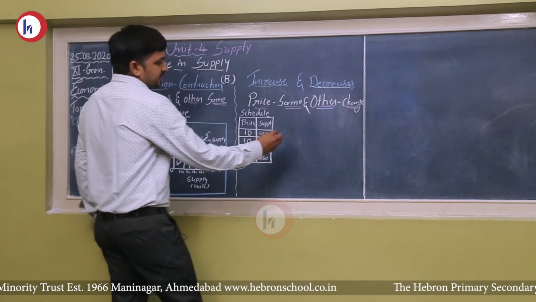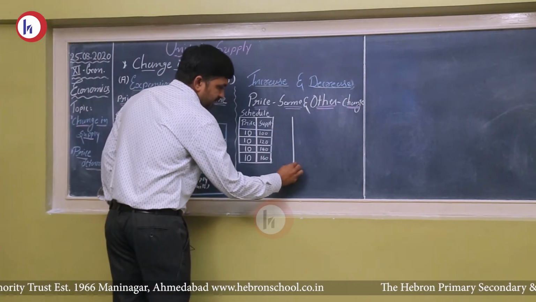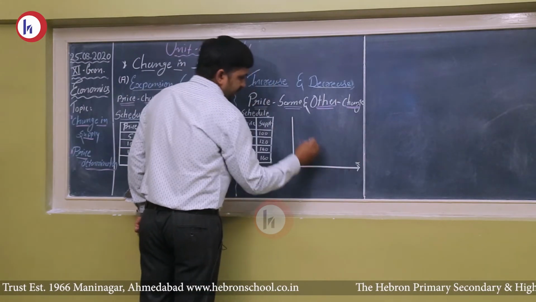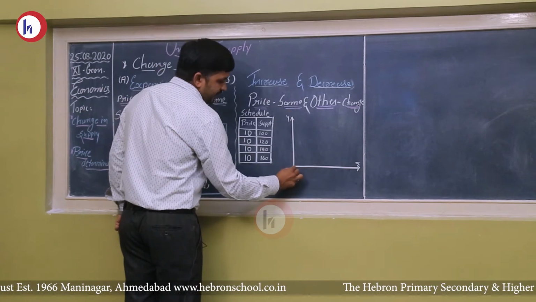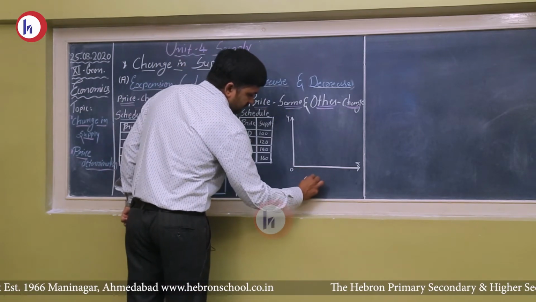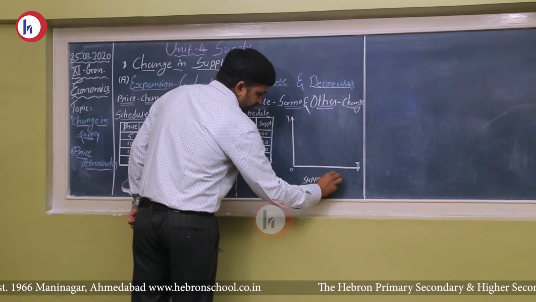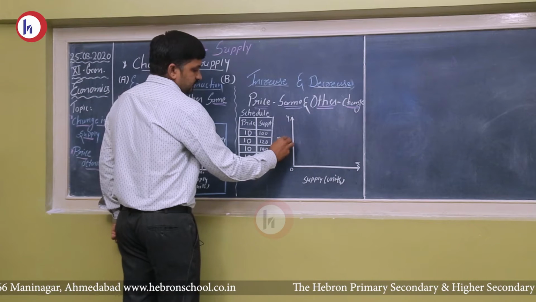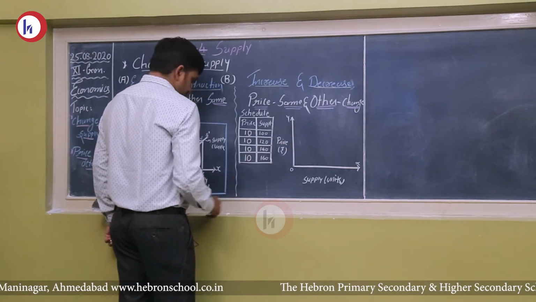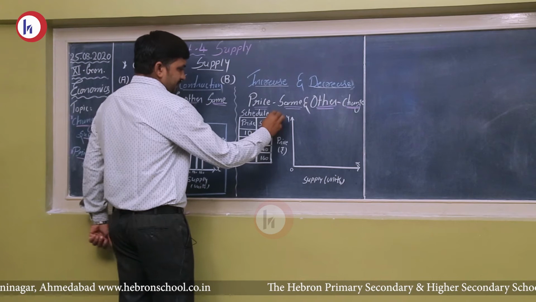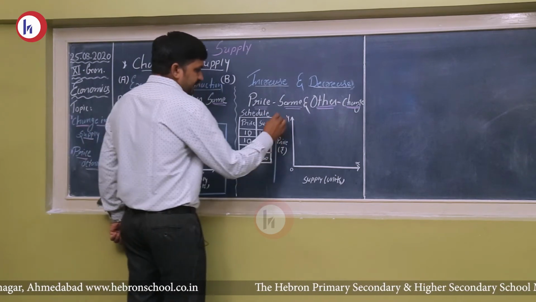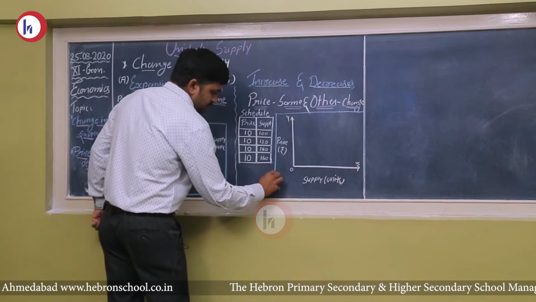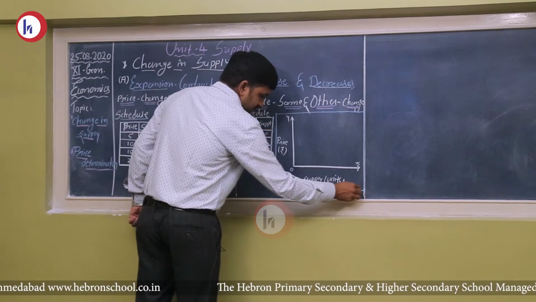Now, let us present the same with the help of a figure. X, Y, 0, here supply in units, price in rupees, and the same presentation on X and Y axis.